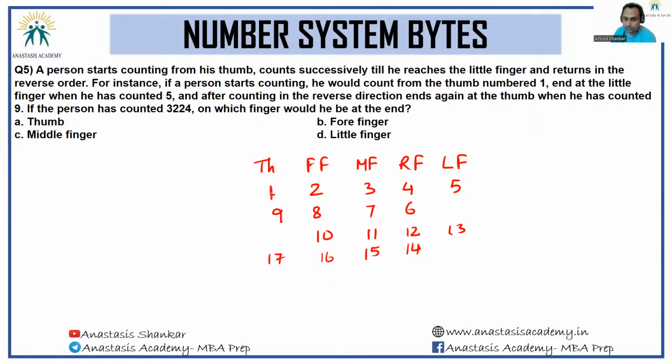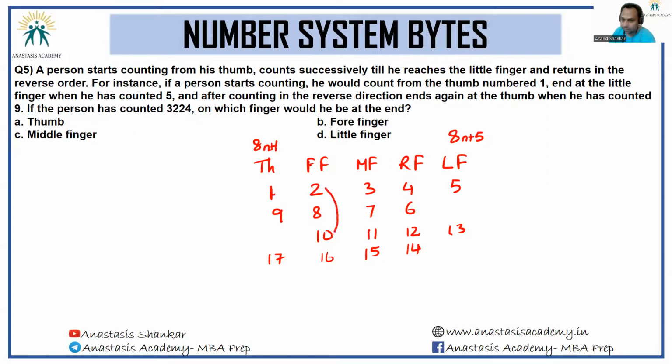Can you see the number that is coming at thumb? The number that is coming at thumb is always an 8n plus 1 kind of number. The number that is coming at the little finger is always an 8n plus 5 kind of number. But for the forefinger, middle finger, and ring finger, you don't have a unique representation.